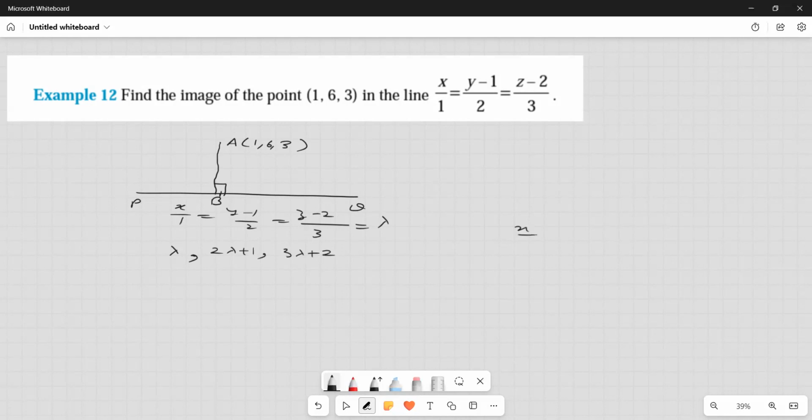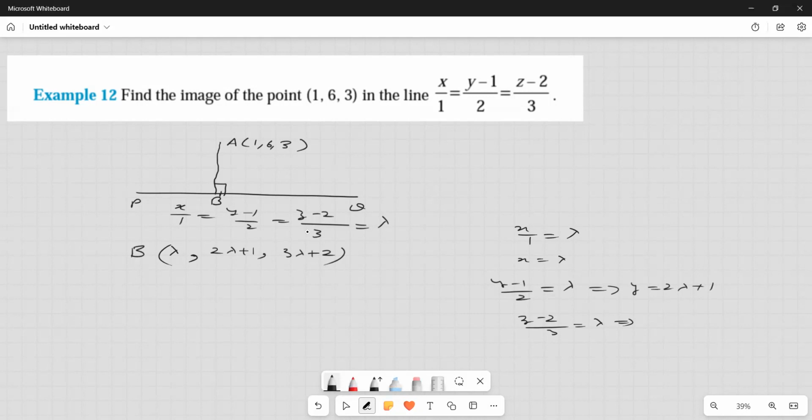By putting x/1 equal to lambda, that is the x point, which is lambda. (y-1)/2 equal to lambda, so y is 2 lambda plus 1. And the third one, (z-2)/3 equal to lambda. So (lambda, 2 lambda plus 1, 3 lambda plus 2) is any point B on the line PQ.